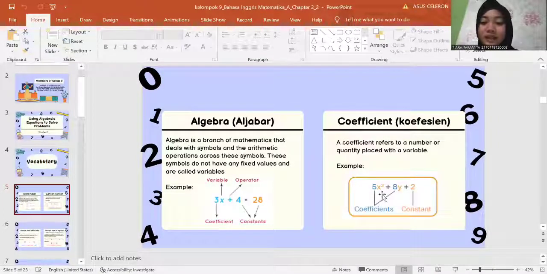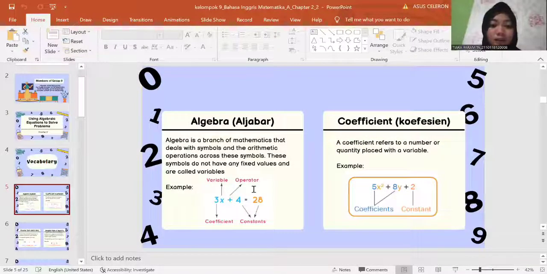The coefficients are 5 and 8. 2 is not a coefficient because 2 does not have a variable. So 5 and 8 have the variables x and y, but 2 is a constant.